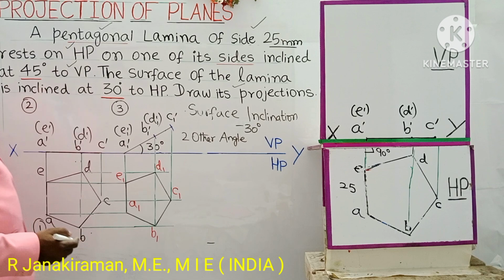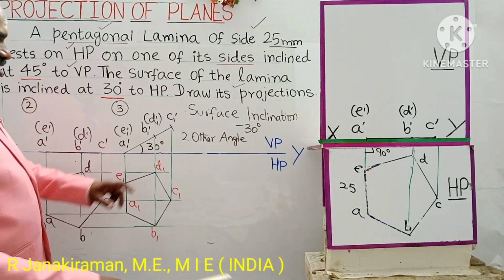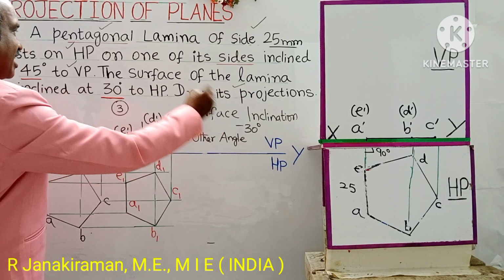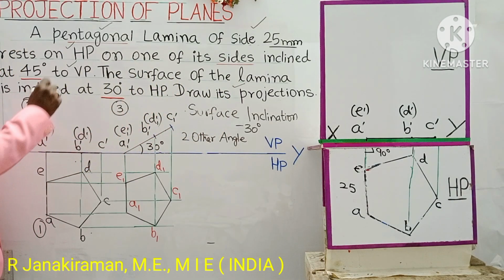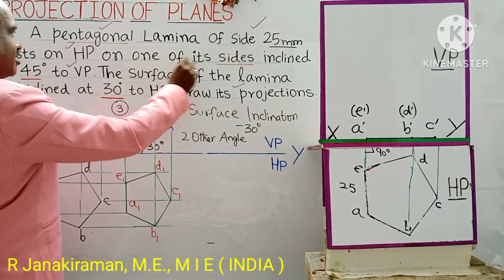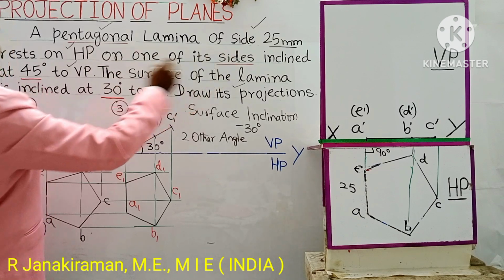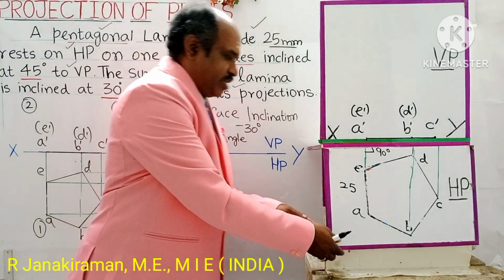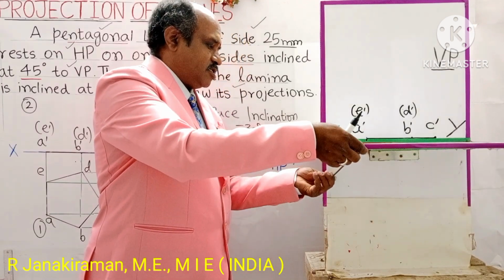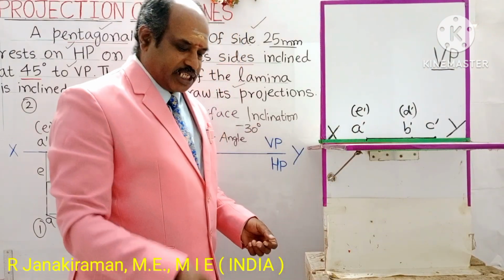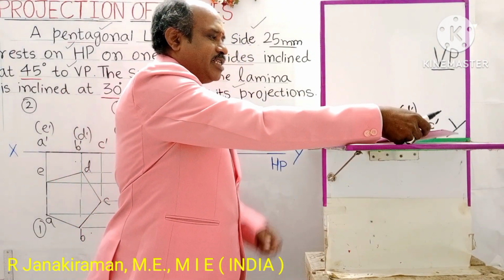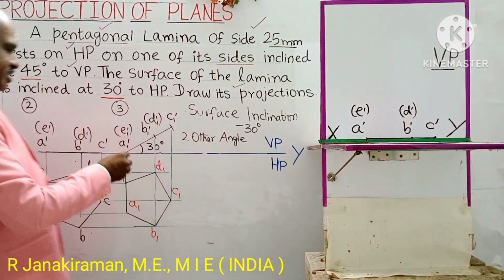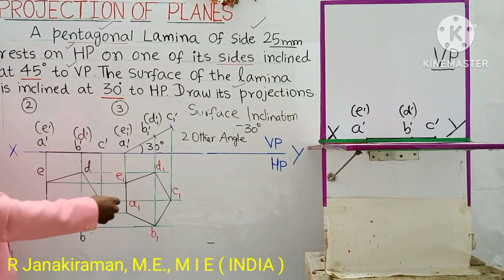Next, you have to consider the other inclination, as the sequence to be followed as I told you earlier. After surface inclination, you have to consider the other inclination. So look at the question: it rests on HP on one of its sides, inclined at 45 degrees to VP. Earlier the object was placed like this, resting on HP, then I made the surface inclination like this. Now consider the resting side, which you can understand from this diagram itself.